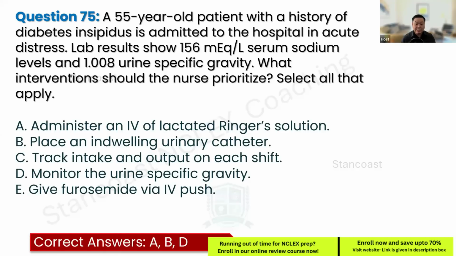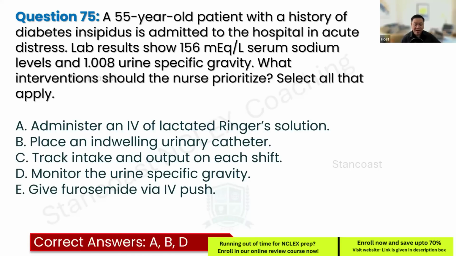Now, if you selected letter B, an indwelling catheter can allow you to accurately measure and also monitor the urine output, which is very important in managing DI or the diabetes insipidus. Because we know that continuous voiding can be exhausting, and a catheter can also help prevent further fatigue from frequent bathroom trips.